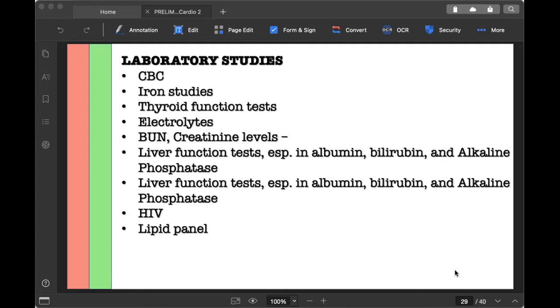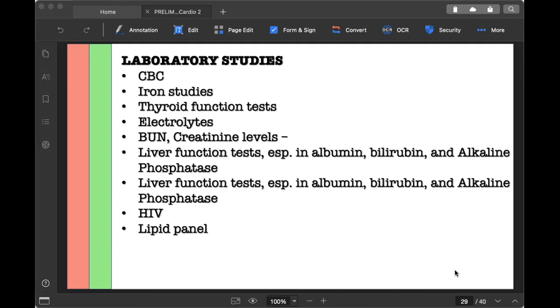Other thing here is bilirubin and your ALP, your alkaline phosphatase, are often elevated in patients who have liver congestion, which is caused by your heart failure. While the HIV test is being used to rule out HIV/AIDS etiologic factors, your lipid panel is used to assess risk for coronary artery disease and nutritional status.